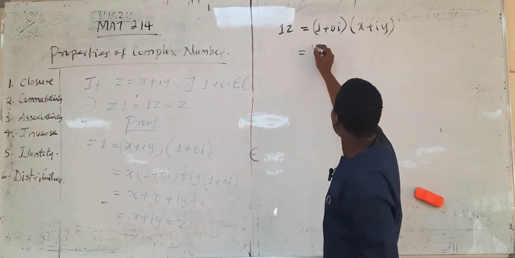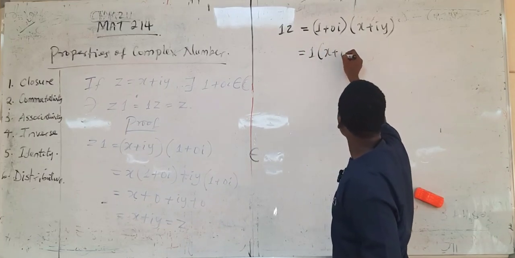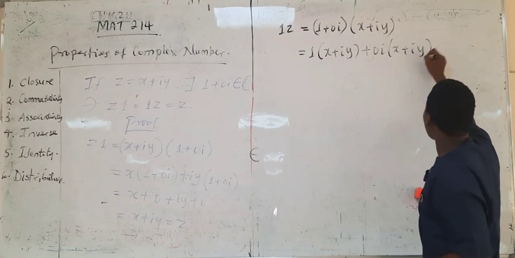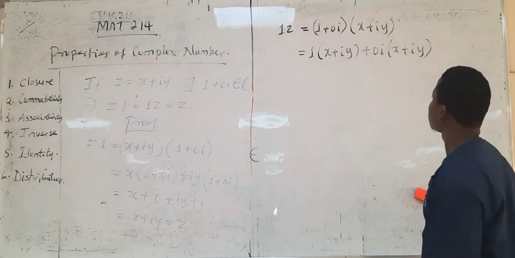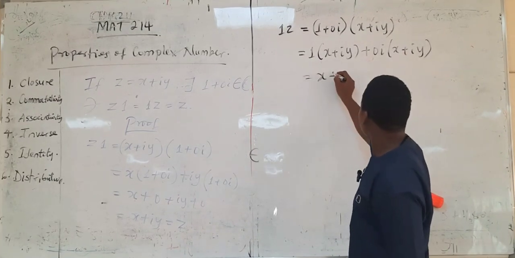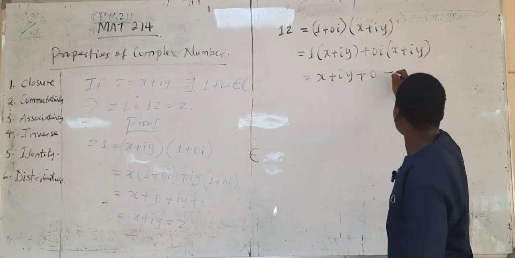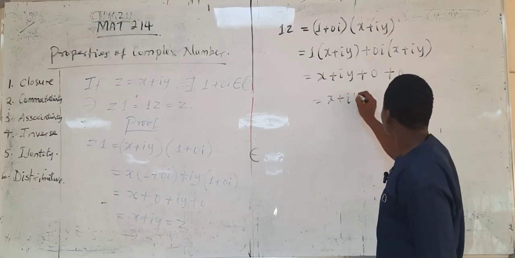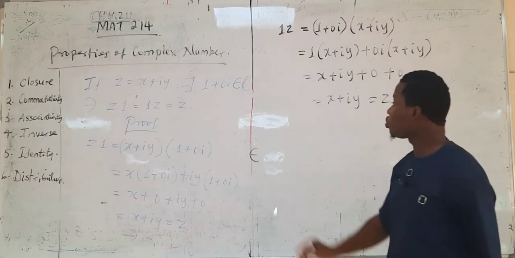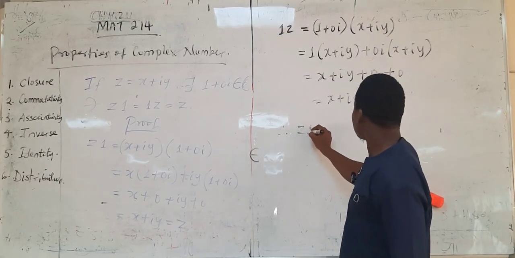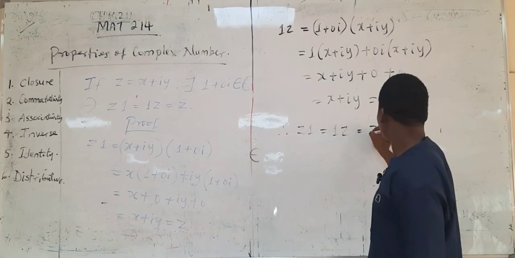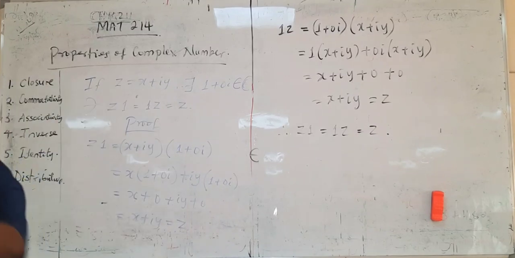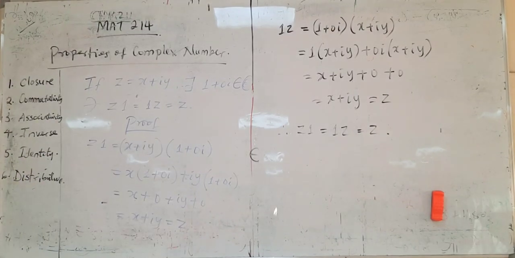By expansion, we have 1(x plus iy) plus 0i(x plus iy), so x plus iy plus 0 plus 0, which is the same thing as x plus iy, which is equal to z. So therefore, z1 is equal to 1z, which is equal to z. So this is a proof for the identity for addition and multiplication.